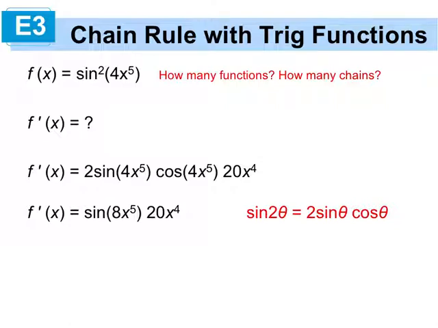I don't care about it, nor does the AP College Board. Very seldom will they expect you to know anything bizarre like the double angle formula of sine. Well, you need to know everything, but I would not make this a major emphasis.